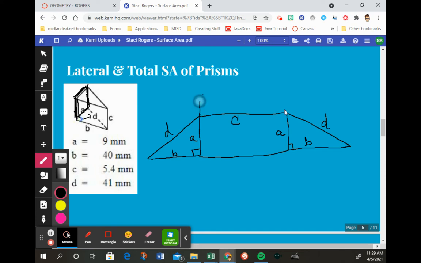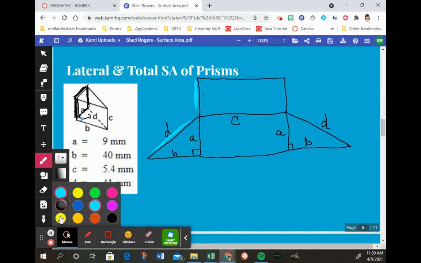I know I've got a rectangle. But what's this measurement? What does it line up with? If we look right here, when I fold it up, it lines up with D. So this one is a measurement of D. And then I have one more rectangle.